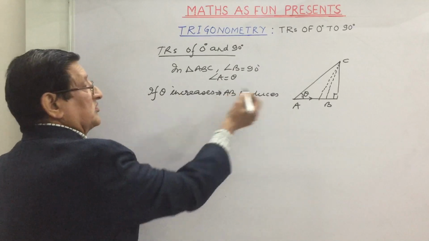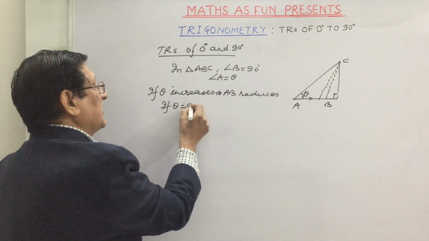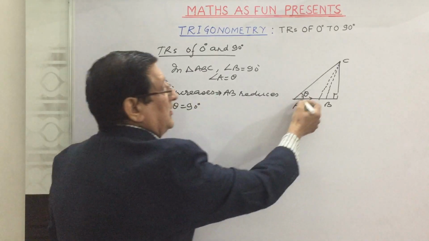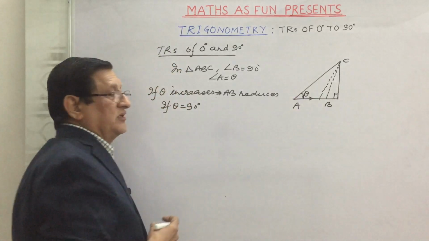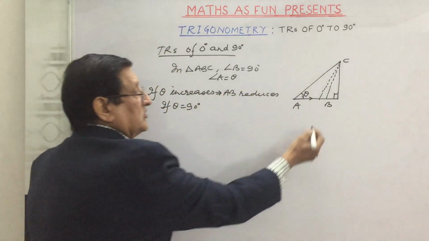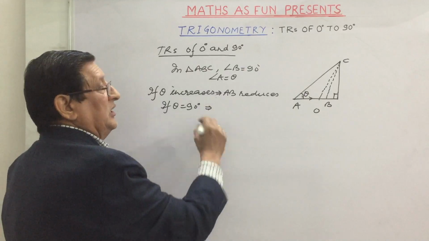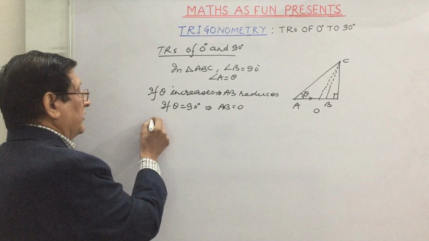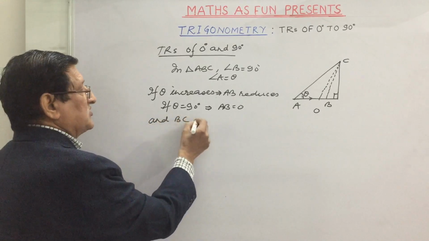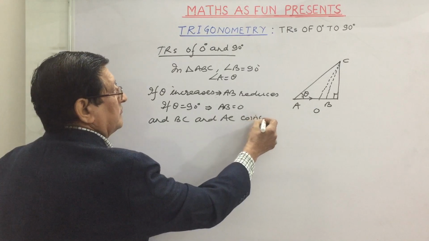And suppose angle theta comes to 90 degree. If theta is 90 degree, then certainly this AC and BC will coincide. AB will be 0. If theta becomes 90 degree, certainly we can say that AB will be 0 and BC and AC coincide.